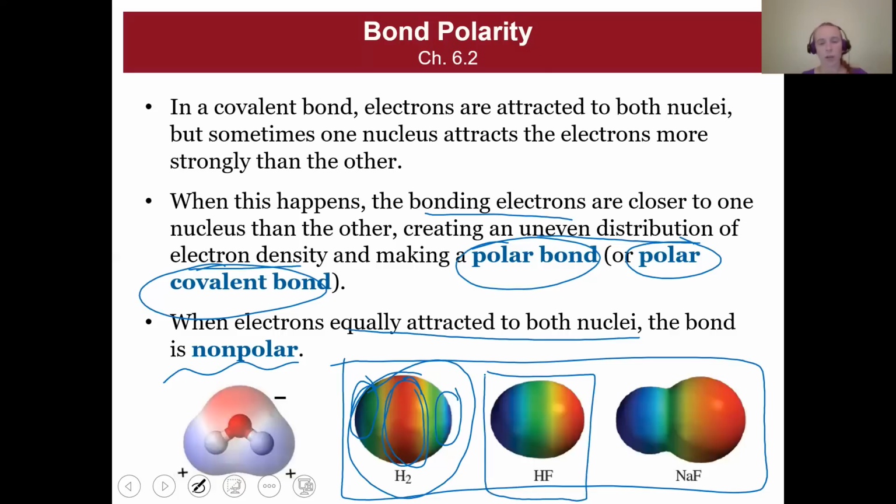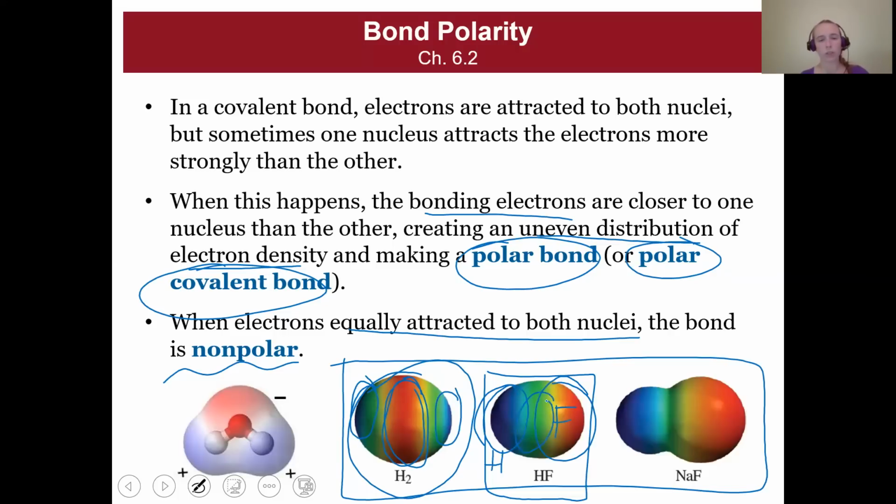Now let's look at HF instead. Hydrogen fluoride, or the hydrofluoric acid molecule, has an unequal or an uneven distribution of electron density. We see that the electrons spend most of their time over here, and this is the fluorine side of the molecule. On the hydrogen side of the molecule, the electrons don't spend very much time at all. So we have blue, which means low electron density on the hydrogen side, increasing electron density in between.